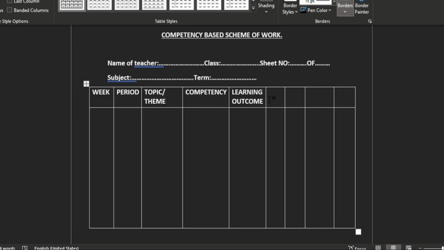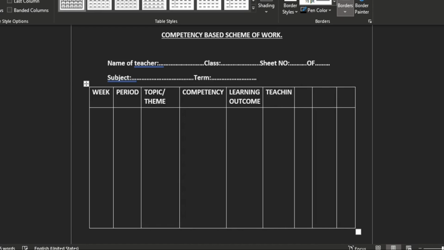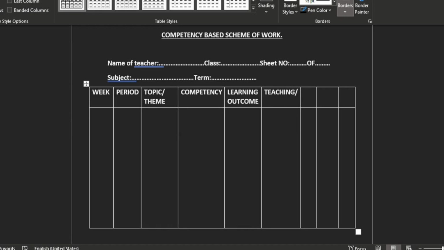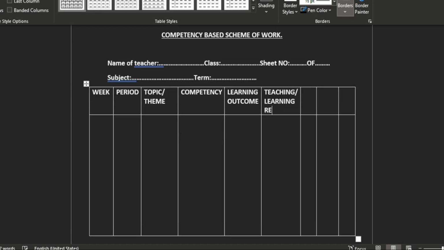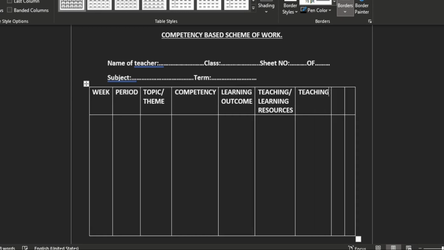So let's go to the next one, the topic or the theme. That's where you'll write the topic that you are going to teach to the learners. And then the competency. The competency is what the student will be able to do after learning the topic that you are teaching.